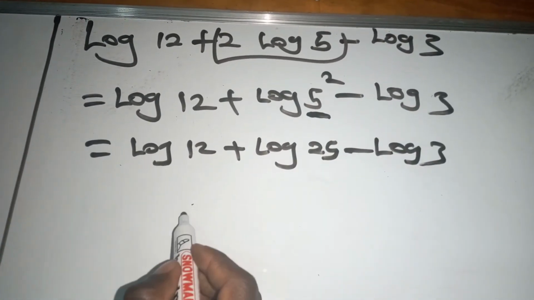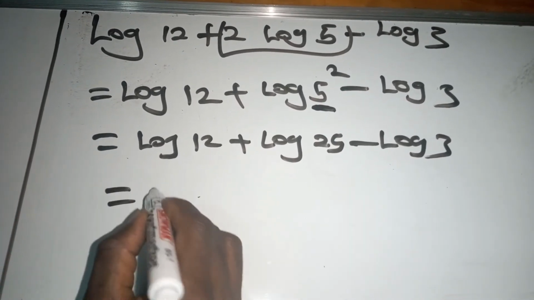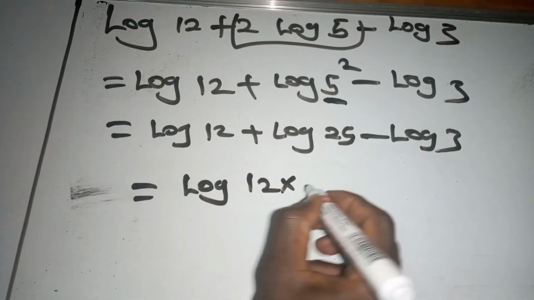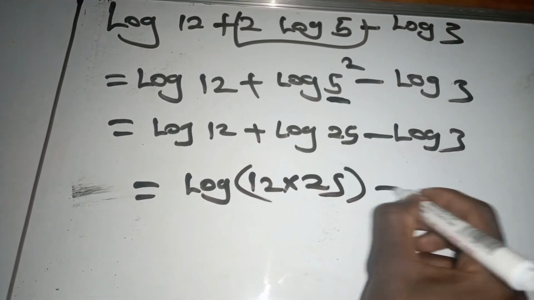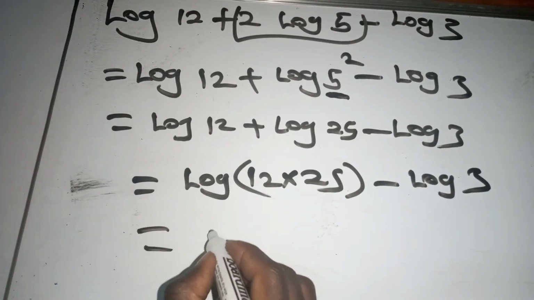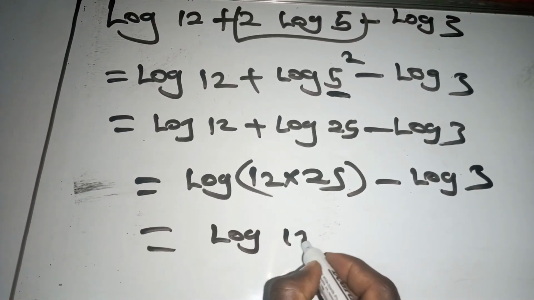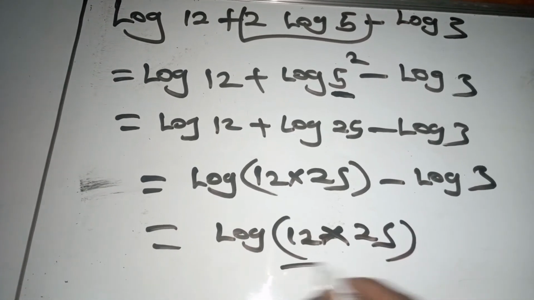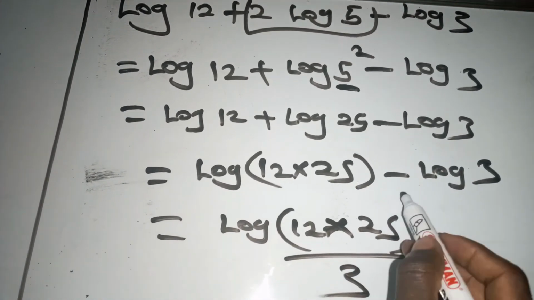So this means plus, then divide. So this will be log 12 times 25, subtracted log 3. So this is log 12 times 25 divided by 3, because it's minus.